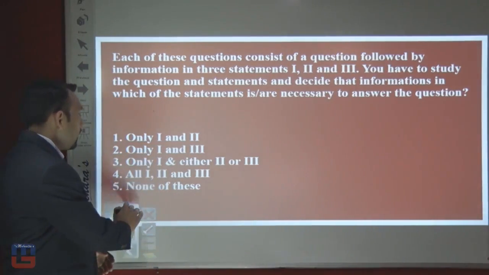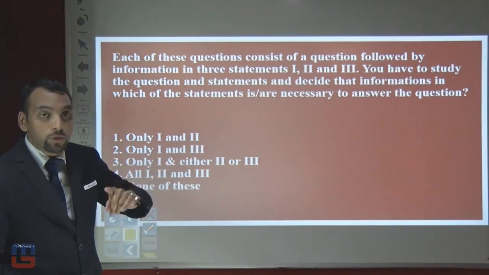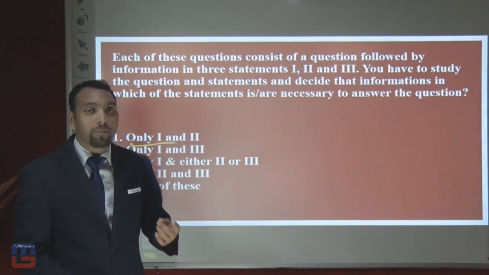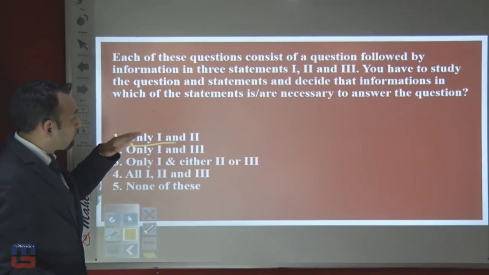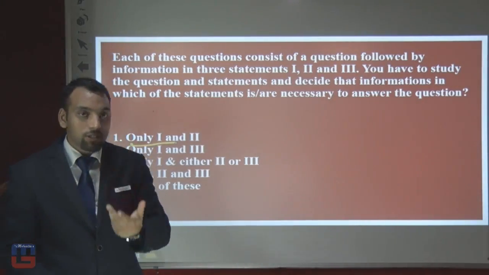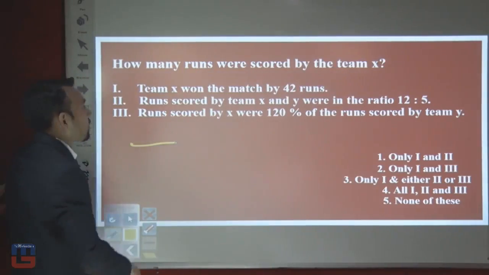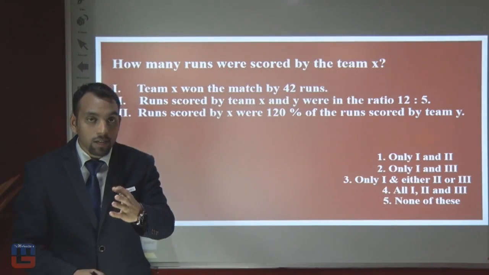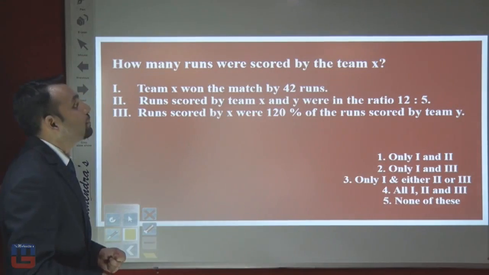Now, three statements you have, and these options you have. If only the first and second statements are sufficient, then you will go by these options. Now, let us discuss the first question from data sufficiency. Now see, the first question from data sufficiency is: how many runs were scored by team X?